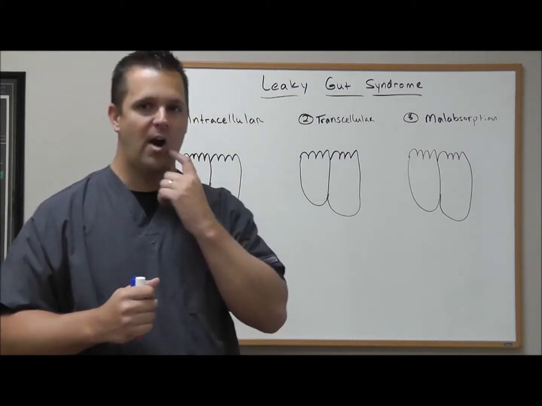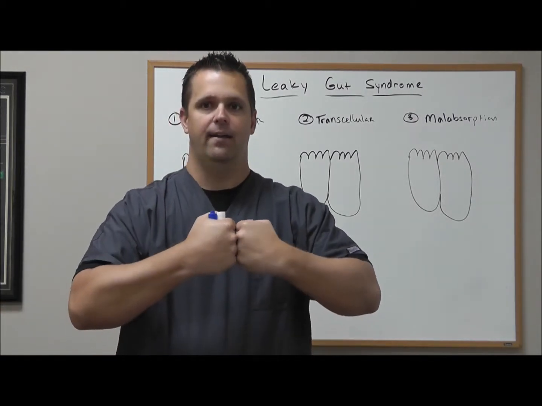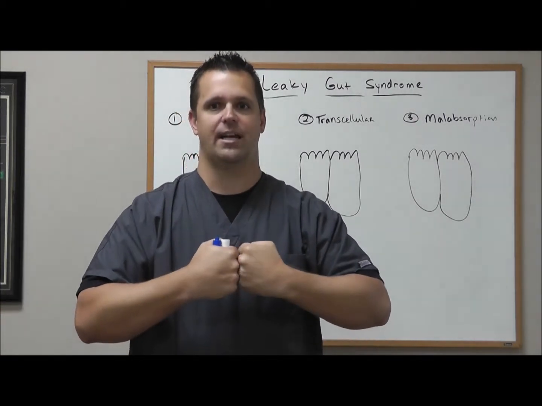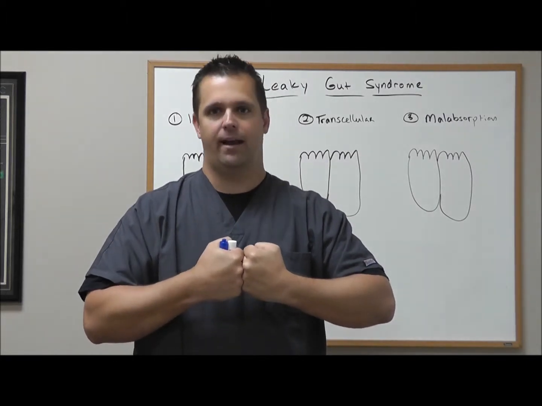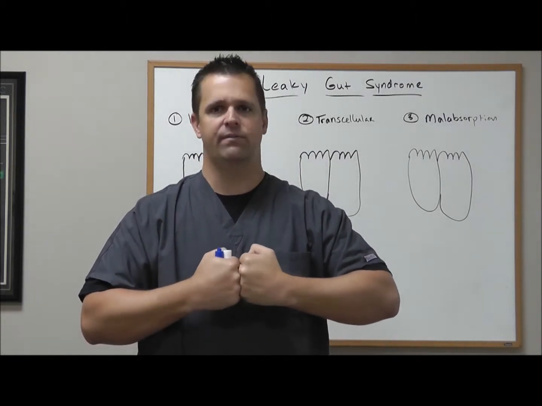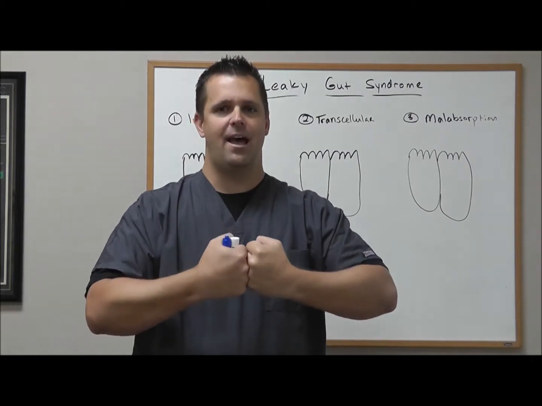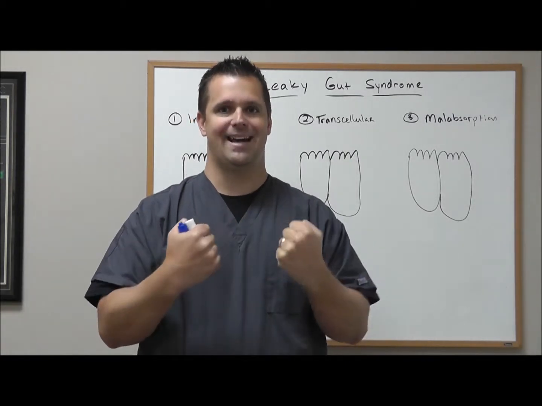Our gut lining cells connect together through what we call tight junctions. Due to stress on our gut lining, antibiotic use, food sensitivities, inflammation, whatever it is, in time those tight junctions can tear apart.